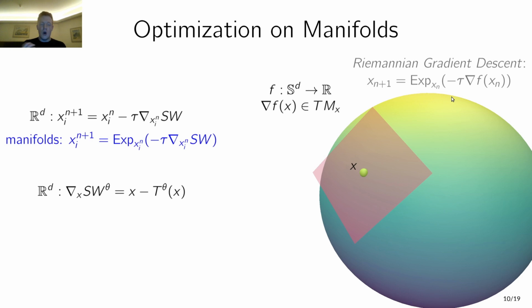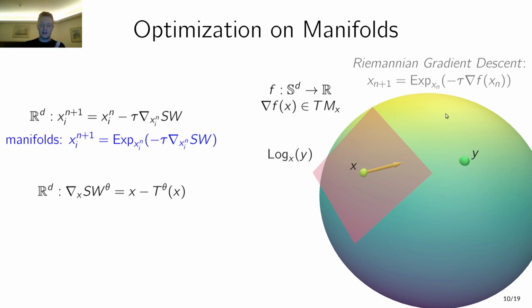So we would need kind of the opposite of the exponential map. We would need a function that tells you, if I'm at x and I want to go to y, what is the direction that I should follow to be able to reach y? As it is the inverse of the exponential map, we're going to call it the log map.